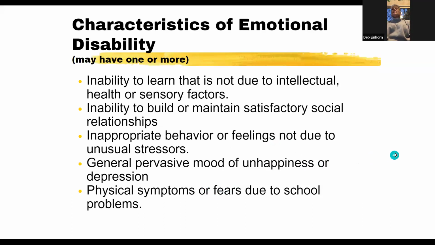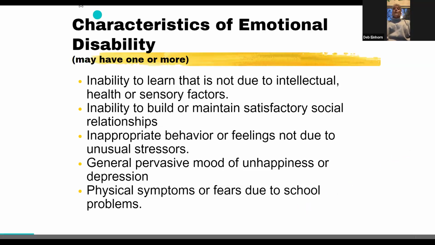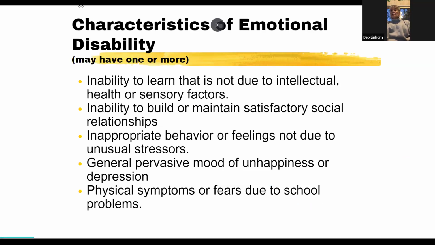Some of the characteristics are the inability to build or maintain satisfactory social relationships. So peer relationships, the ability to make friends, keep friends, have friends, and interactions with adults, being able to have respectful and collegial relationships with adults and other children. It might be characterized by inappropriate behavior or feelings that are not due to unusual stressors.